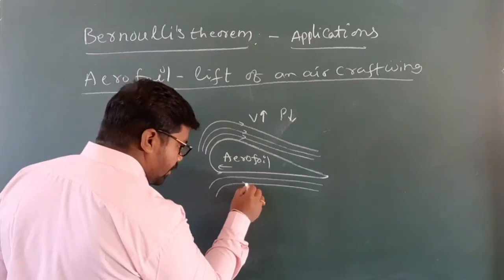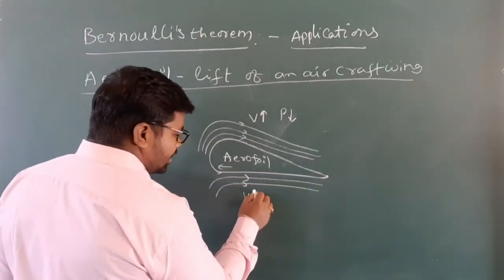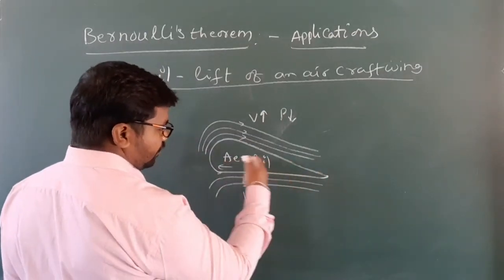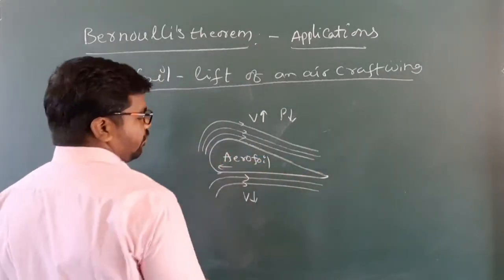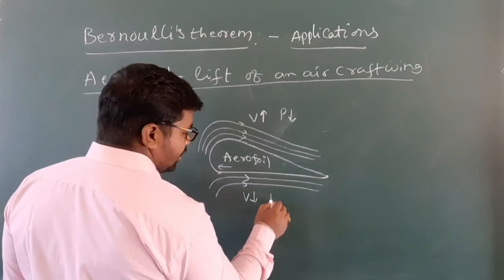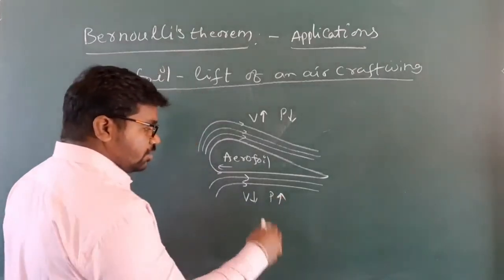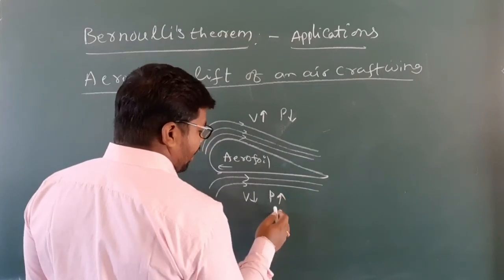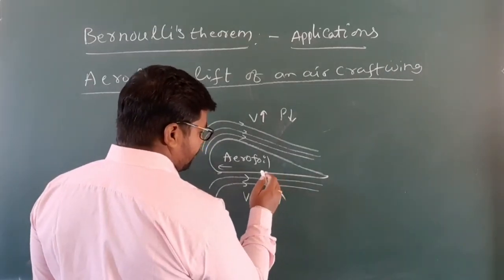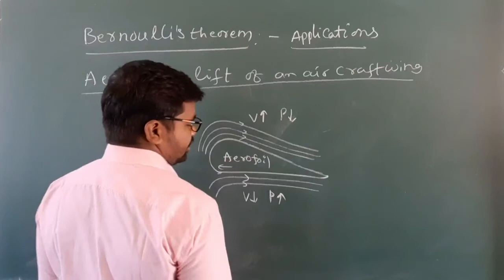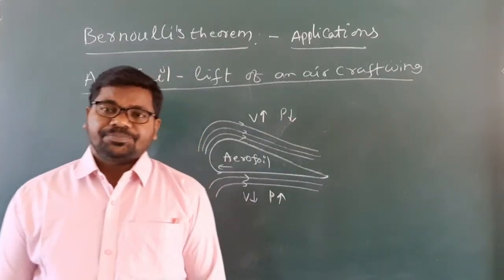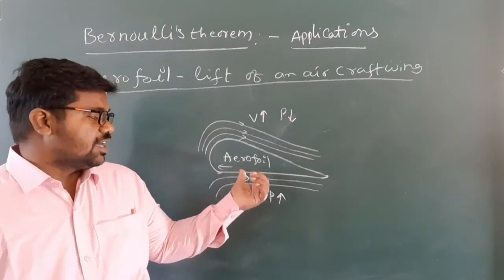Below the surface, velocity decreases and pressure increases. Due to the pressure increase, the aircraft wing moves upward by itself. This is the aerofoil.